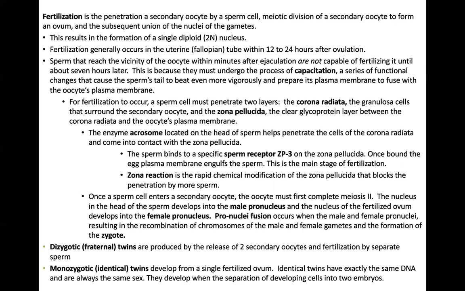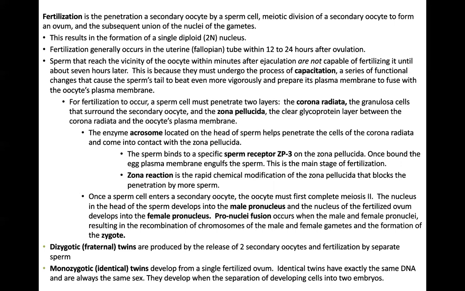So it's 2 different secondary oocytes fertilized by 2 separate sperm. That explains why dizygotic twins can look very different. Not only that, but they can also be the complete opposite sex. Whereas monozygotic, what does mono mean? 1. And so in a monozygotic or identical twin situation, it's 1 single fertilized ovum.